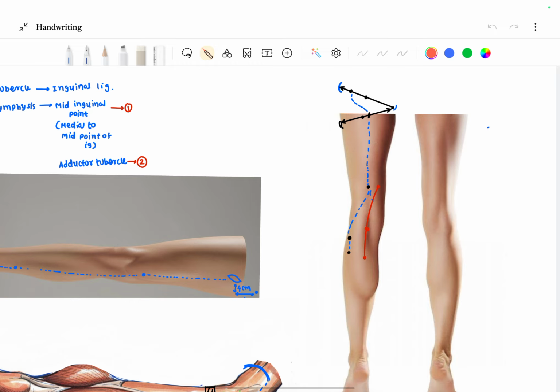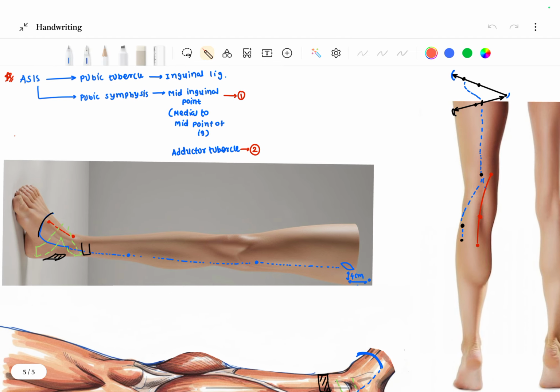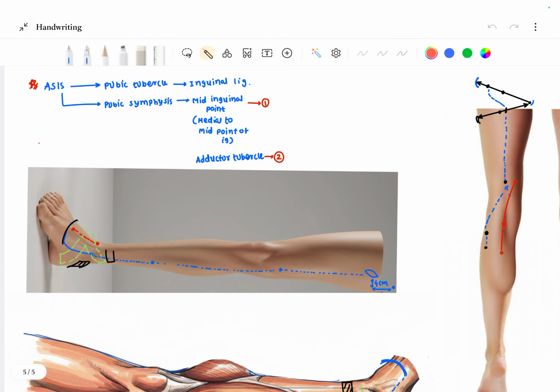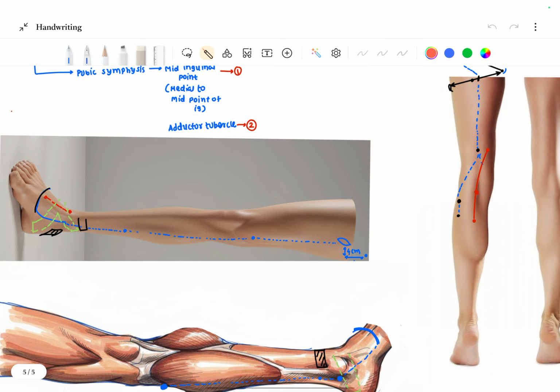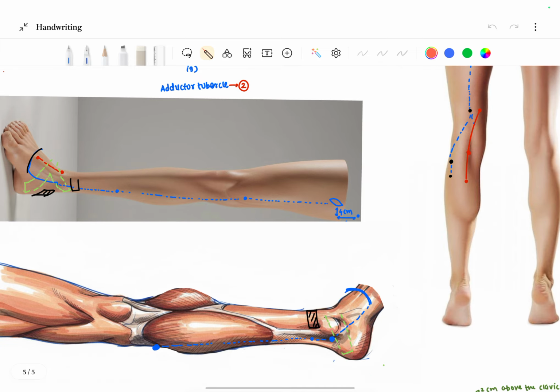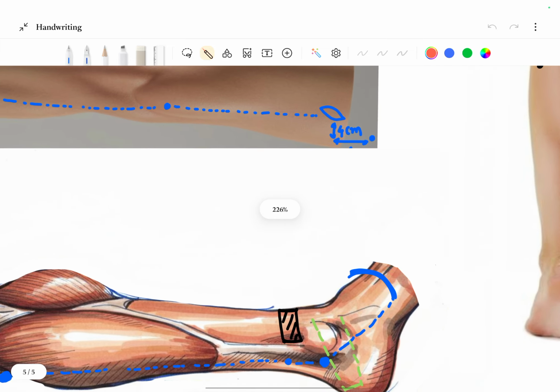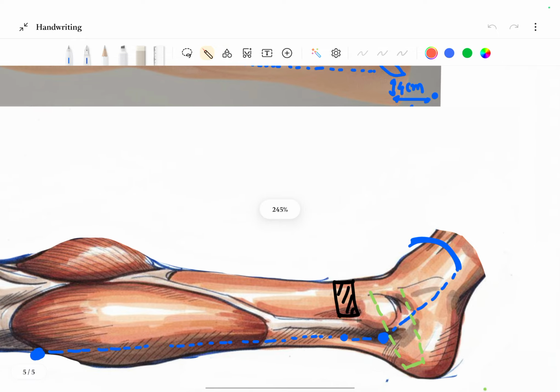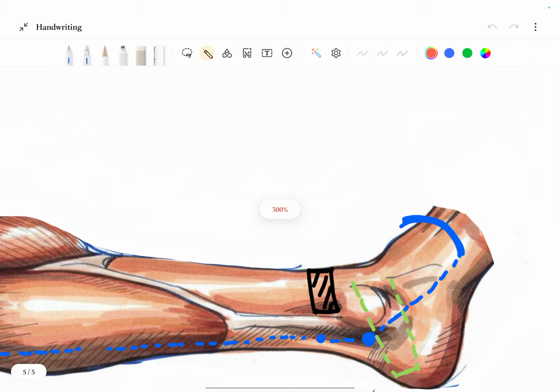Now all the artery, nerve and vein are completed. There is a femoral artery remaining, I will teach you in a minute. But before that, we will discuss the flexor retinaculum, extensor retinaculum, and lateral retinaculum.